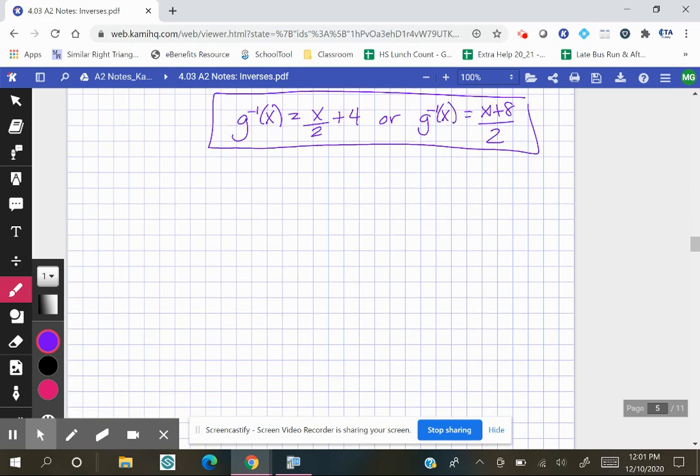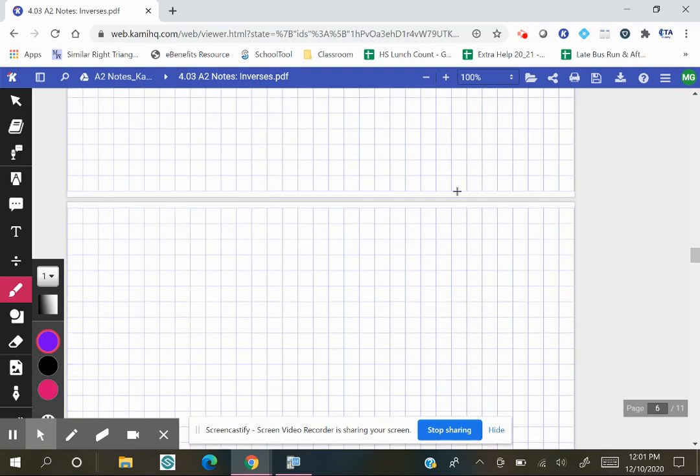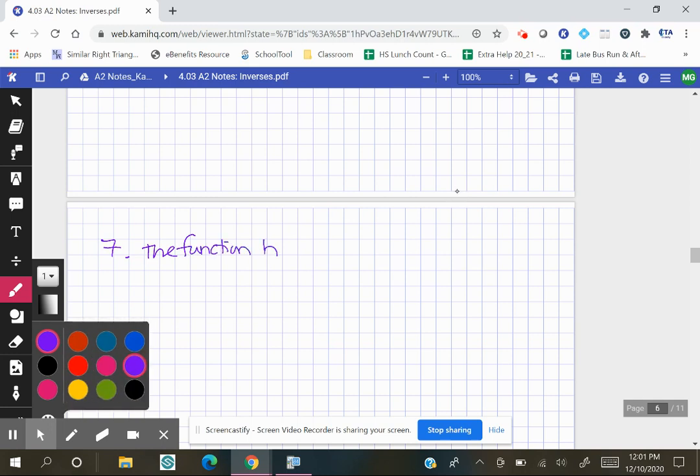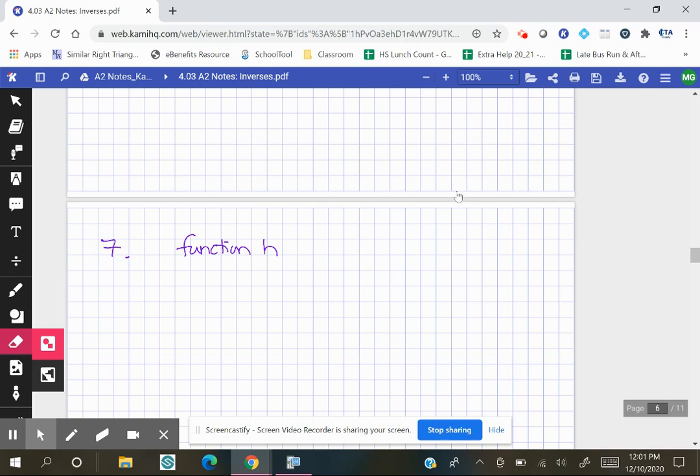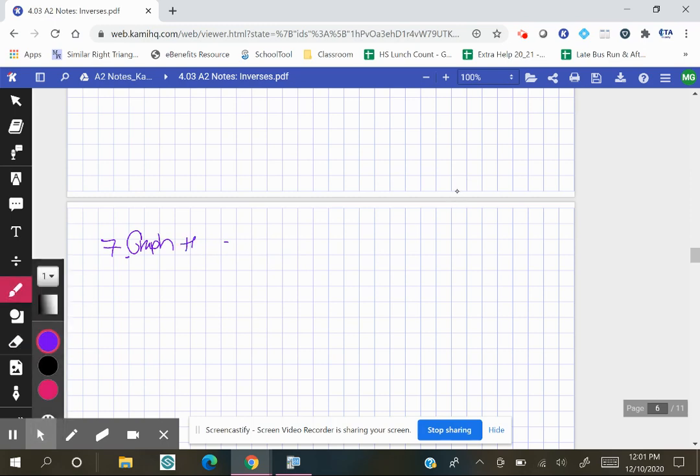All right, and the last one we'll do for inverses today. We're going to graph the function y equals h of x.